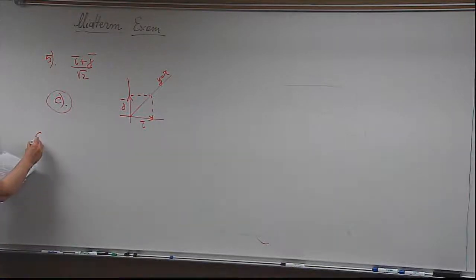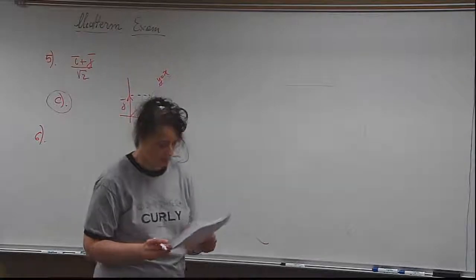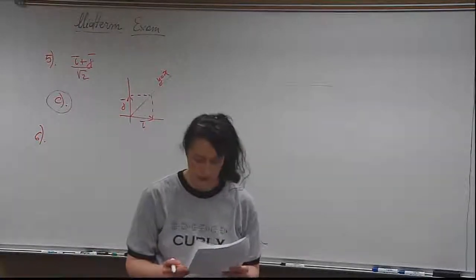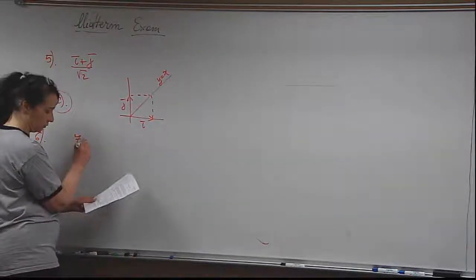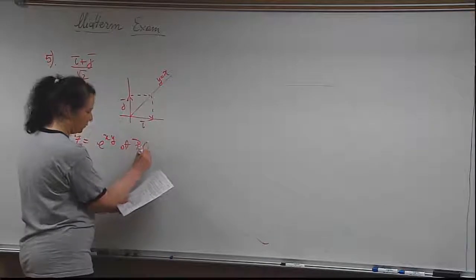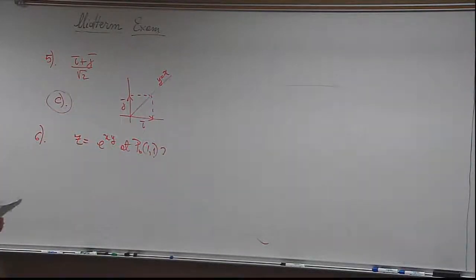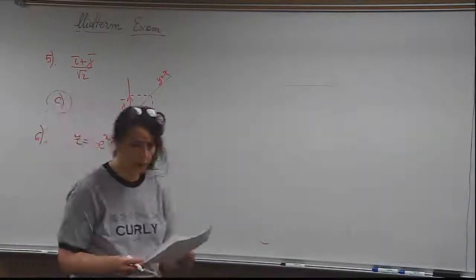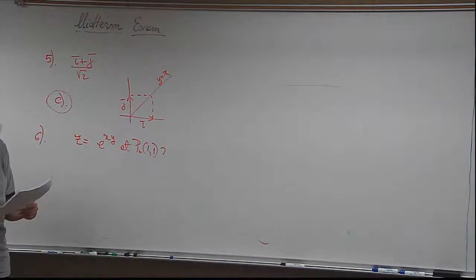Now, 6. What is the maximum rate of increase of the function z equals e to the xy at P0, the coordinates 1, 1? The numerical value of the maximal rate of change is... What's the simplest way to do it?